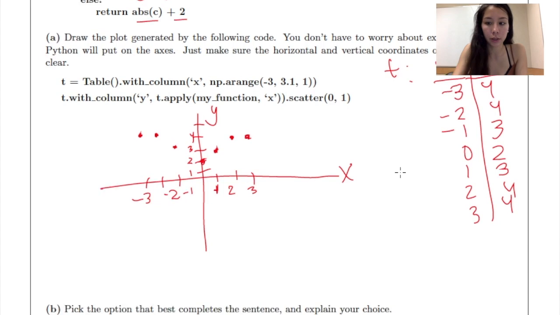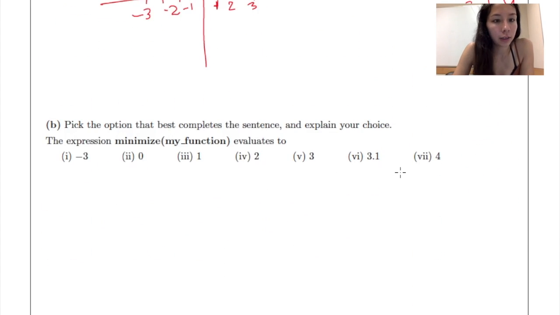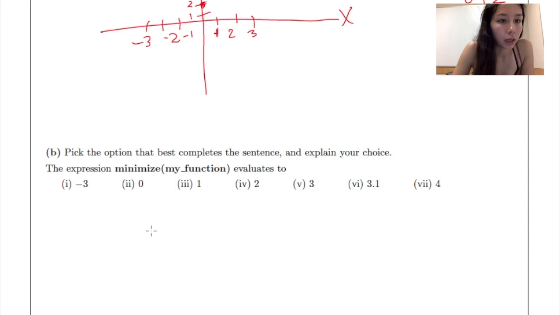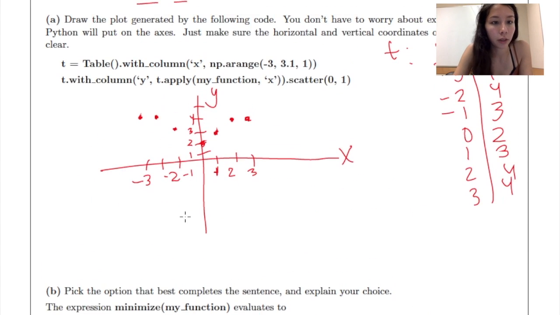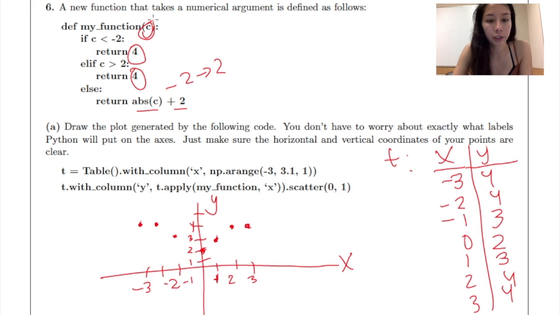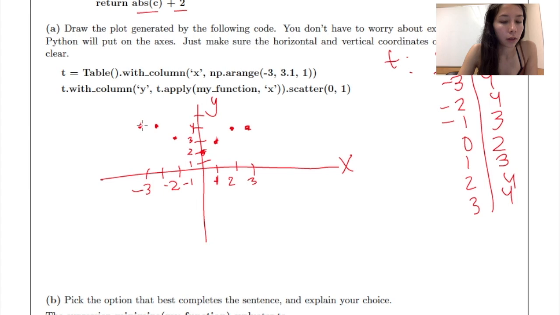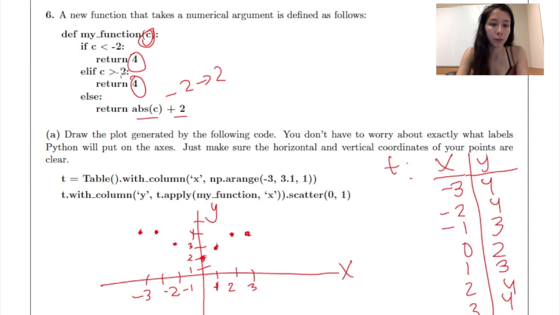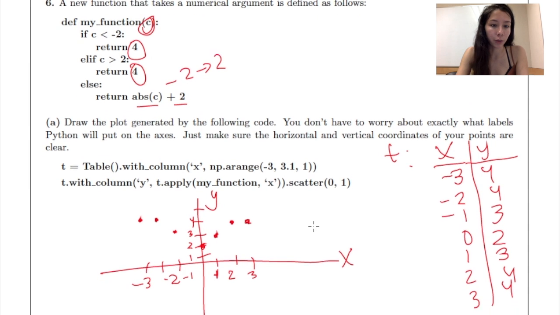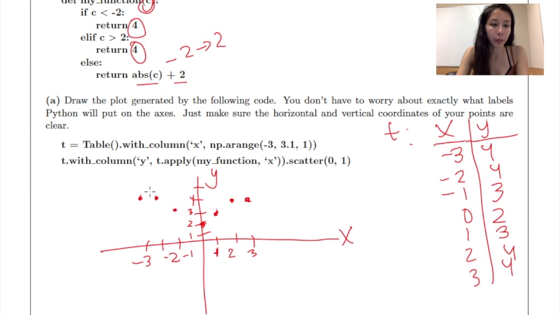Alright, so we go to the next question, and it says, let's say we did minimize on the function. Alright, so this is our function, and what is it going to evaluate to? So we drew this graph, and as you can imagine, if you're going to be looking at numbers that are greater than what we have here or less than, they're always going to be 4, because in that case, c is going to be greater than 2 or less than -2. So this is basically all we have to work with for minimize.